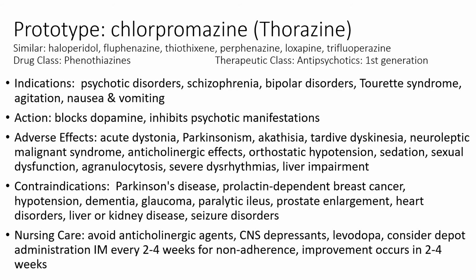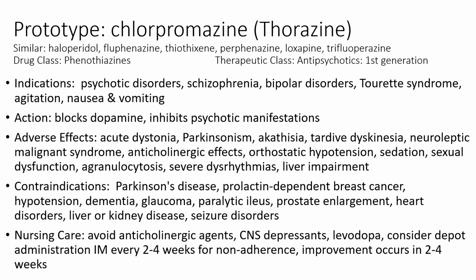So anticholinergic side effects. A lot of these drugs that are antipsychotics have anticholinergic side effects. So let's just discuss that for a minute. Dry mouth, blurry vision, dilated pupils, constipation, potential difficulty urinating. So those are anticholinergic effects. Okay. Orthostatic hypotension is when you stand up too quickly, your blood pressure isn't maintained. And again, that's partly due to the anticholinergic effect.